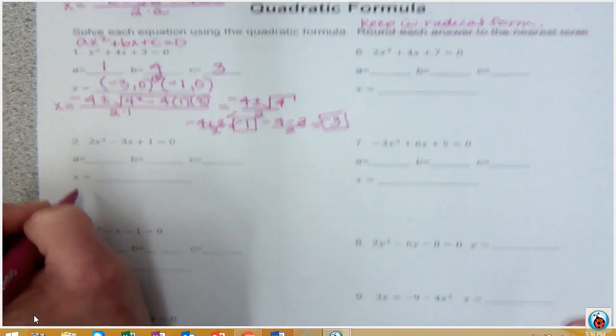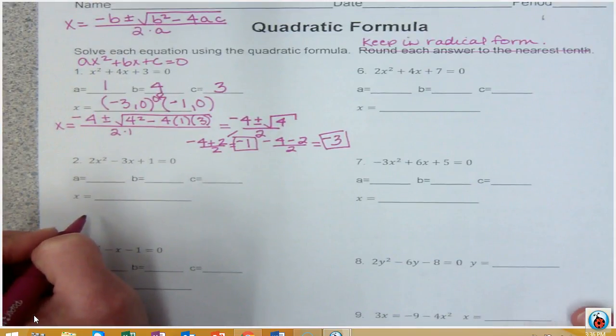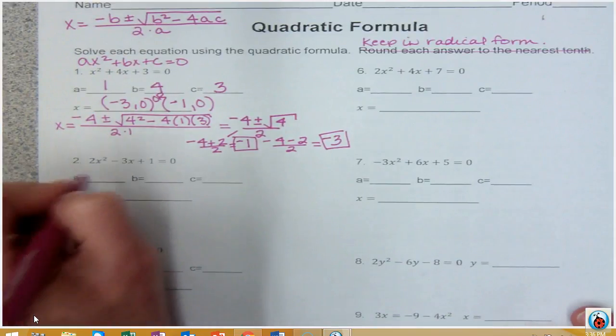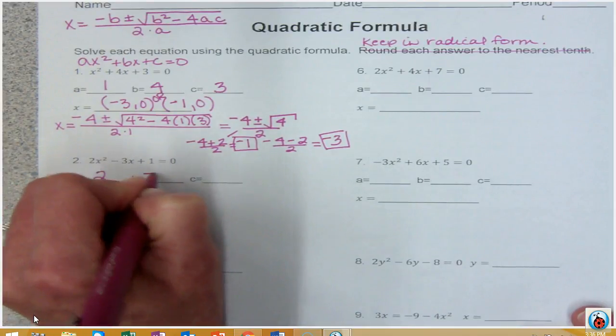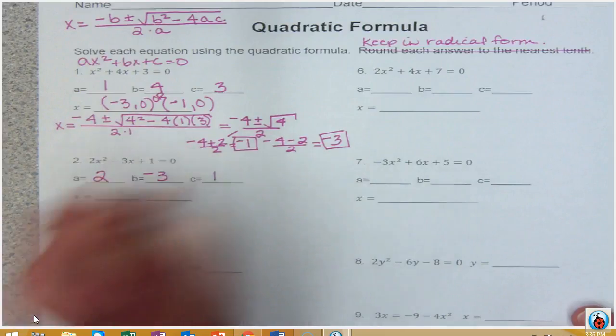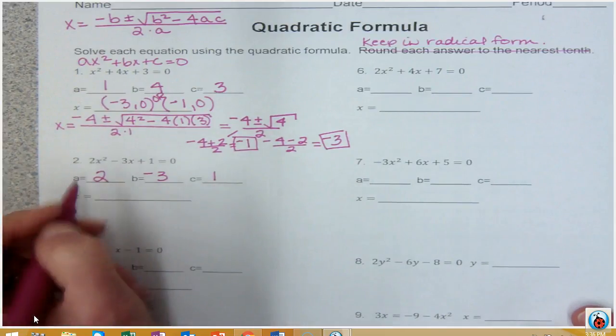We're going to plug it into our quadratic formula. My a value is 2, my b value is negative 3, my c value is 1.